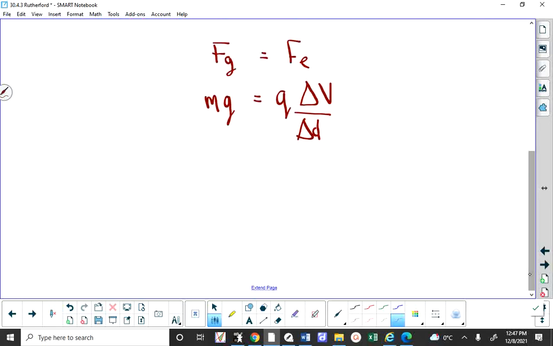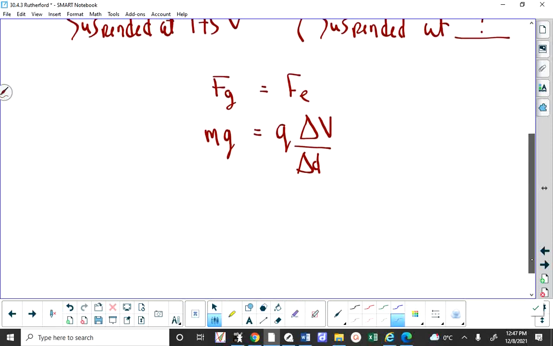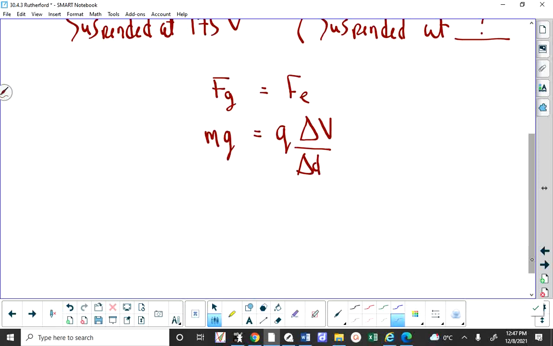In this setup, what doesn't change from the first to the second situation? What's something in this formula that is the same for both of these drops? Ethan? The density, but the density isn't in this formula.